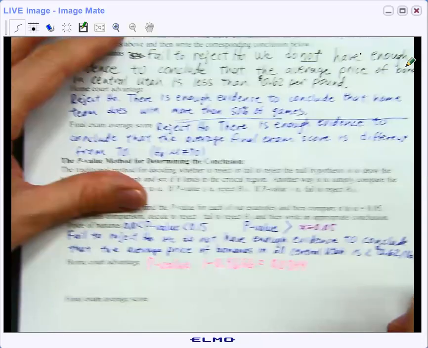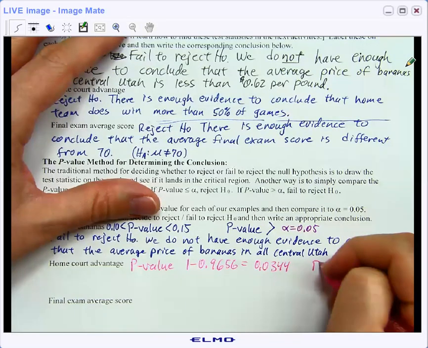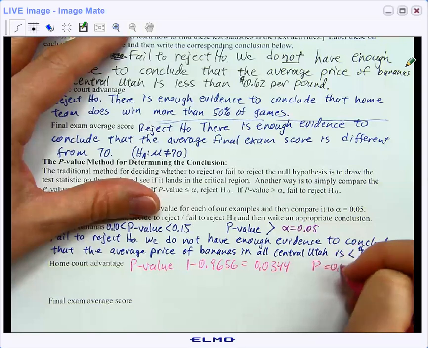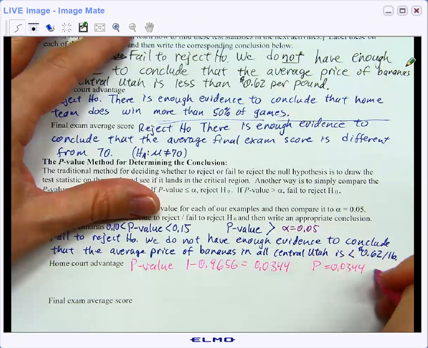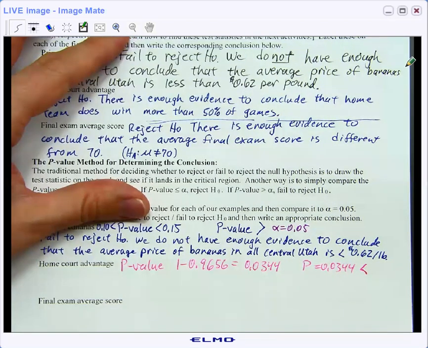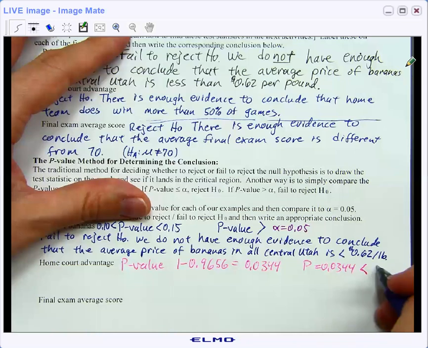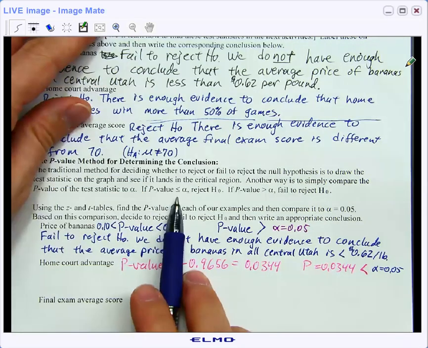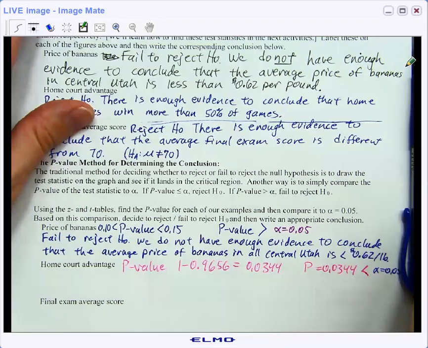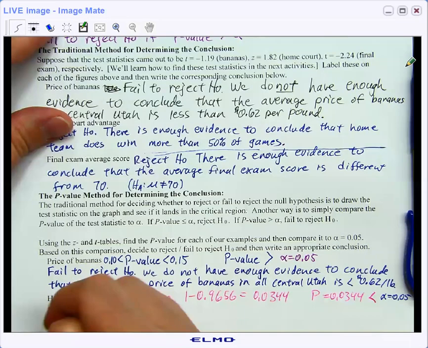And notice that that p-value of 0.0344 is less than our alpha of 0.05. And if our p-value is less than or equal to alpha, we will reject H0. So we will reject H0.